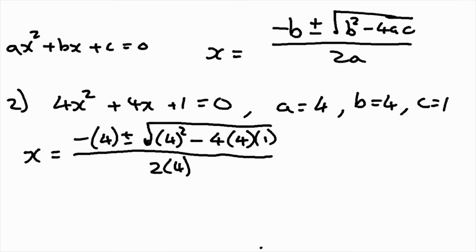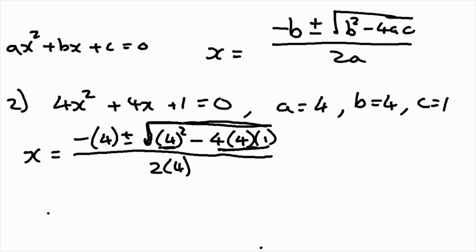Let's look inside this square root. And what we notice is 4 squared is 16, and 4 times 4 times 1 is also 16. So straight away we notice that if we've got 16, subtract 16, it's going to be 0.